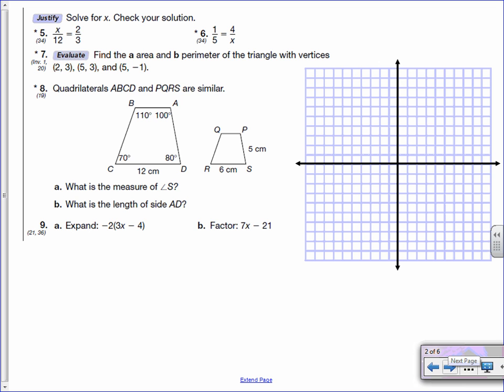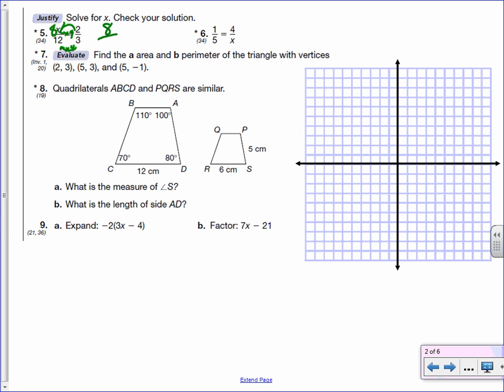Solve for x, and then check your solution. So this is more proportions here, and we can do the same thing. And we say, well, to go this direction, notice my arrow is going from the 3 to the 12. I multiply by 4. So again, the arrow's got to go that direction, so 2 times 4 is 8.